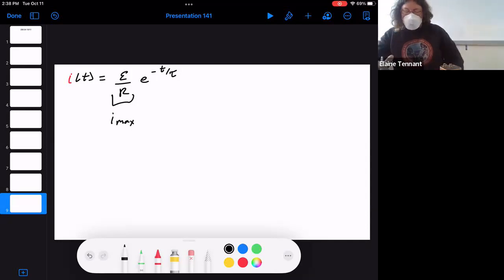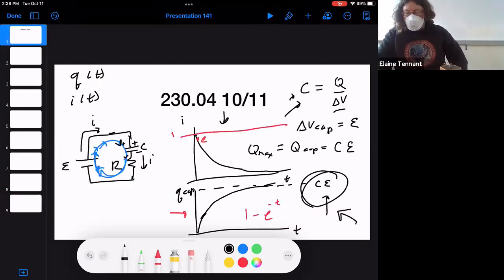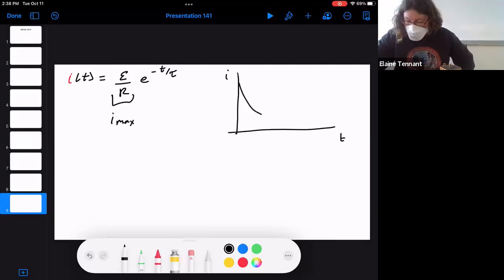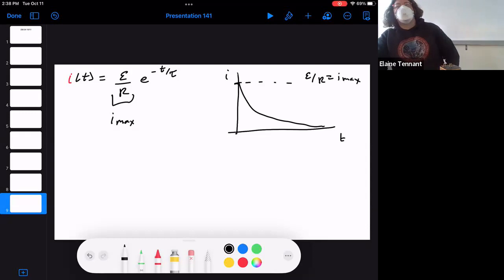Okay, and so looking at this, I think this equation is a lot easier to tell that it matches up with this graph, because this is just an exponential decay, right? So my exponential decay, where we start off at the voltage over the resistor, or I max, and we die off over time.